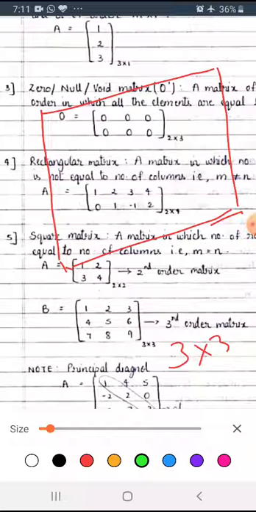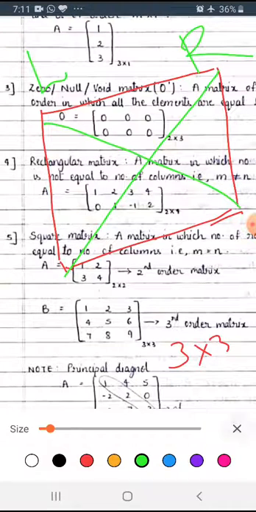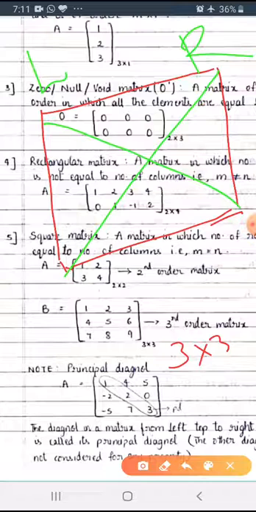One is the left diagonal and the other is the right diagonal. So observe here, in that square matrix, 1 2 3 are the left diagonal elements. That line of diagonal is called the principal diagonal elements. And here also, see, 1 5 9. So this is also the principal diagonal in a square matrix.